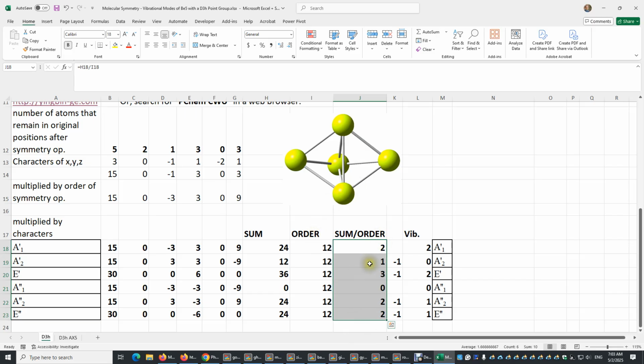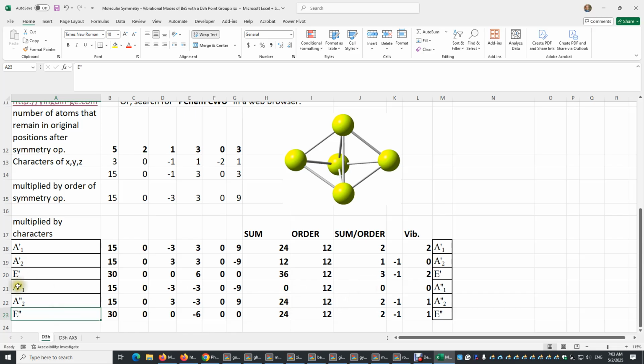And over here we have 15 motions. 2 A1 prime and 1 A2 prime. Over here, 3 pairs of E prime, because E means doubly degenerate here. And then we have 2 A2 double prime and 2 E double prime.